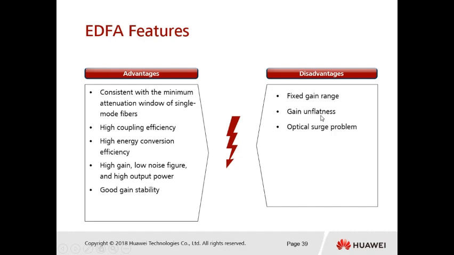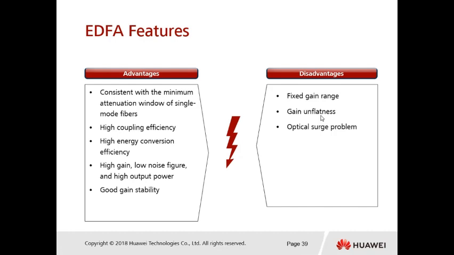And the second disadvantage is gain flatness. The gain bandwidth of EDFA is large but not flat. What does it mean? Actually, when we input a lot of different wavelengths into EDFAs, EDFA cannot give every wavelength the same gain.